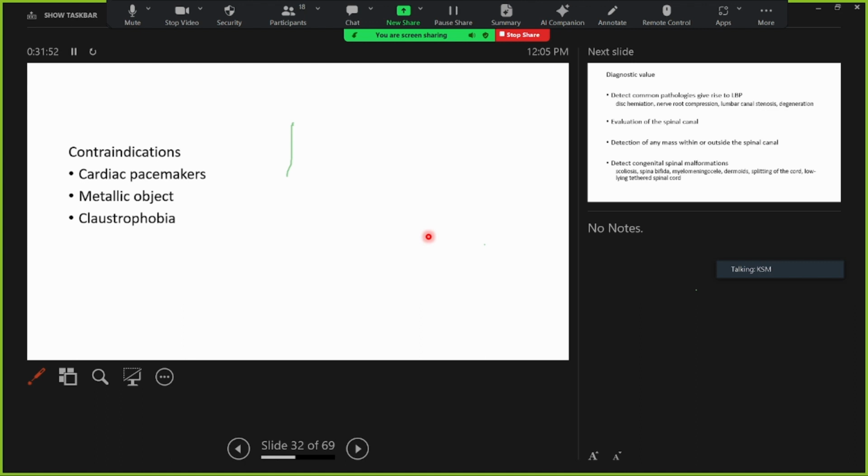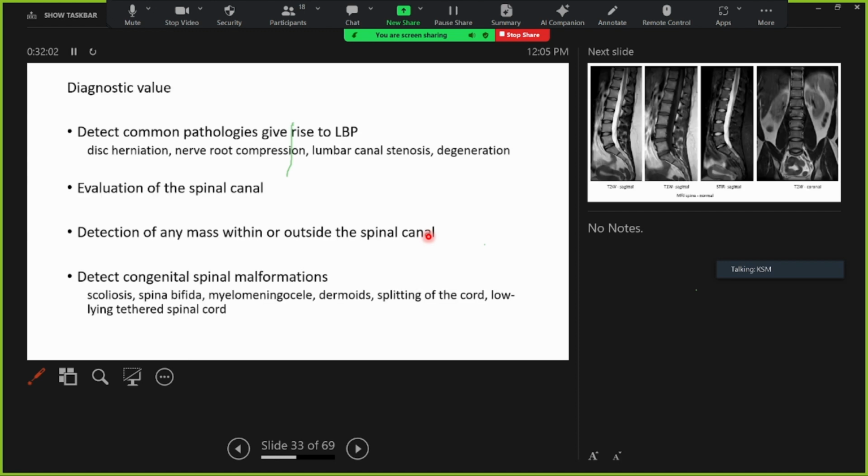The contraindications are pacemakers, metallic objects, claustrophobia, etc. We usually don't give gadolinium during pregnancy, even though we do scan pregnant patients. As for the diagnostic value, it detects common pathologies which give rise to low backache, like disc herniation, nerve root compression, lumbar canal stenosis and degeneration, and evaluation of the spinal canal.